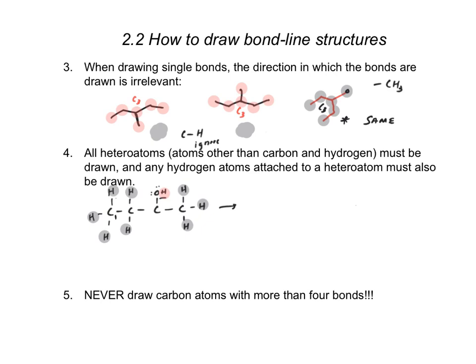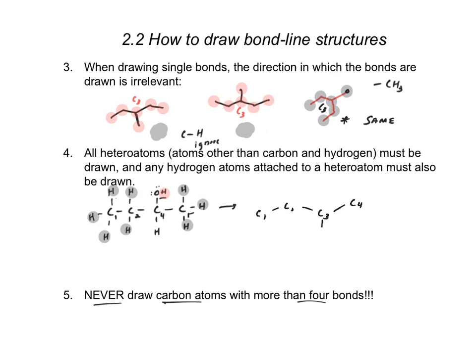Okay, so again, if we went 1, 2, 3, 4, 5, oh, and we have a hydrogen here. Also, never draw carbons with more than 4 bonds, but always make sure they actually do have 4 bonds, as I made a mistake there. Okay, so we have C1 going up to C2, going down to C3, going up to C4, right?